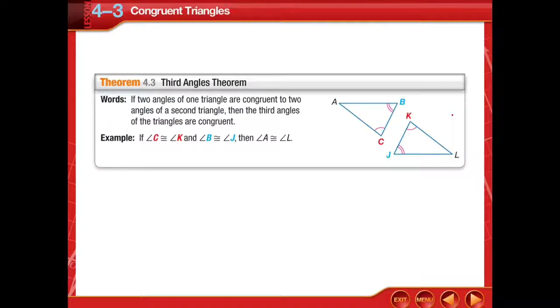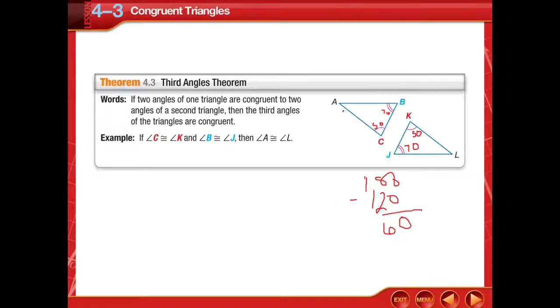The third angles theorem states that if two angles of one triangle are congruent to two angles of a second triangle, then the third angles of the triangles are congruent. Well, this comes down to the fact that there are only 180 degrees in a triangle. If C and B are equal to K and J, if C is 50 and B is 70, and I make this 70 and this 50, well, 50 plus 70 is 120, and 180 minus 120 is 60 degrees.